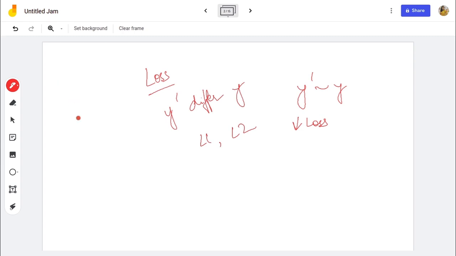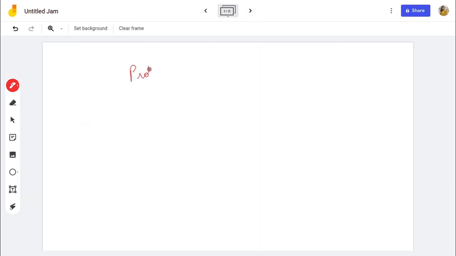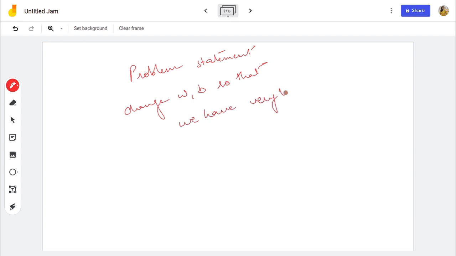So let us look into our problem statement now. What is our problem statement? We need to change weights and biases so that we have very low loss. This is our problem. This is our statement.